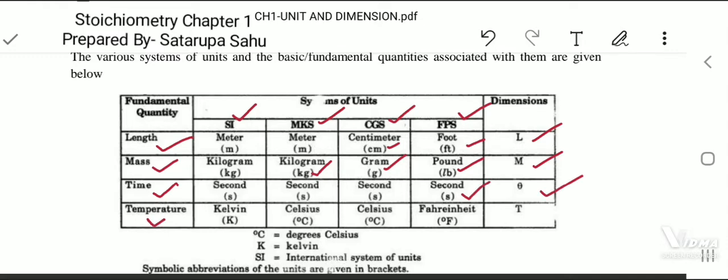For temperature, the SI unit is Kelvin, MKS unit is degree Celsius, CGS unit is degree Celsius, and FPS unit is degree Fahrenheit, and the dimension is capital T.